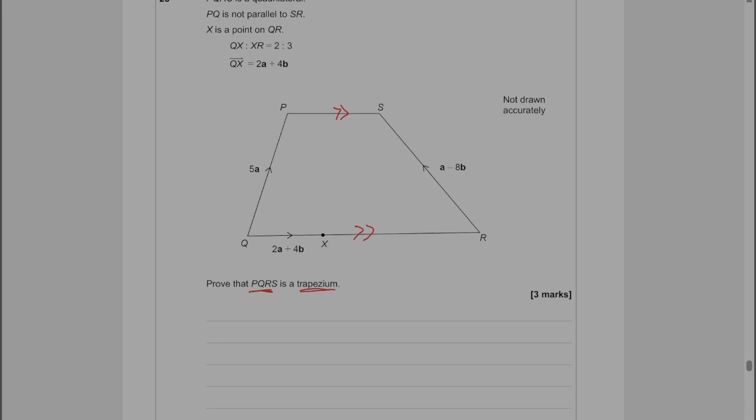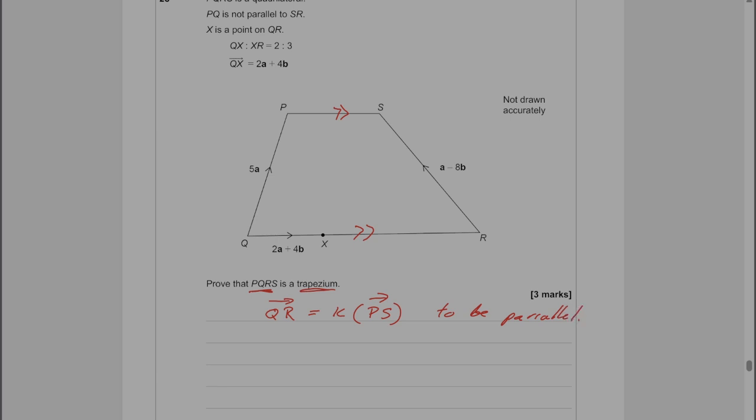Right, okay, so I'm going to write, for it to be a trapezium, Q to R has to be equal to a multiple of P to S to be parallel.